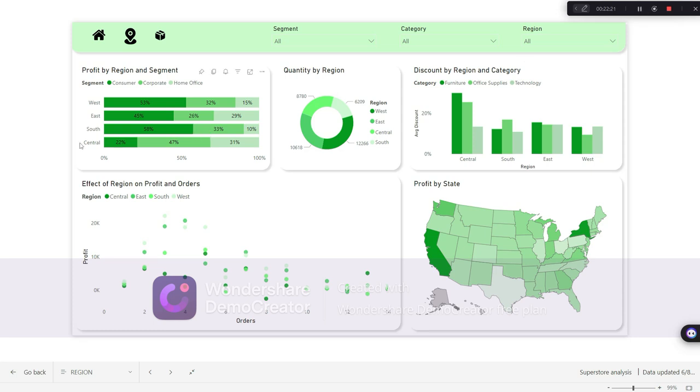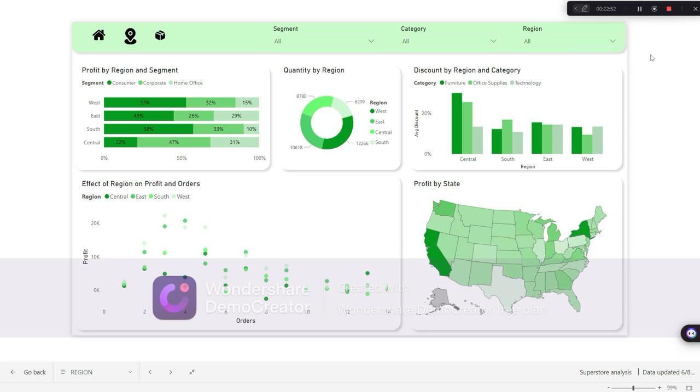As we see, we made profit from South in consumer segment, and we sold less quantity to the South region. We have to increase the quantity for the South, so we can gain more profit from the South region.